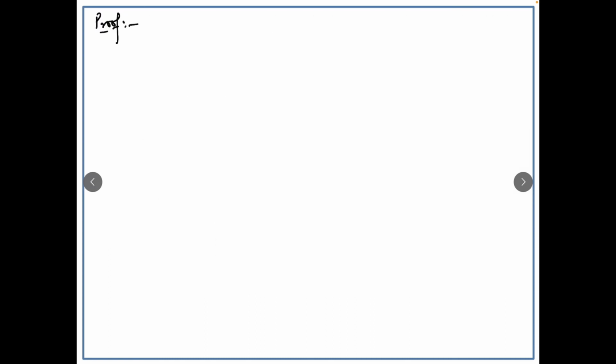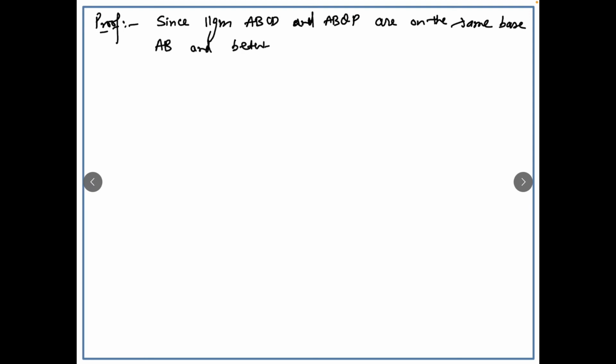Proof: since parallelograms ABCD and ABQP are on the same base, the same base here is AB, and between the same parallel lines, AB parallel to PC, therefore by theorem 9.1 the areas of the two parallelograms will be equal.